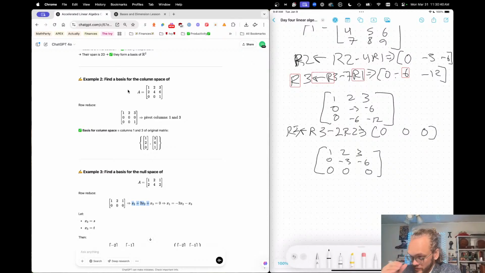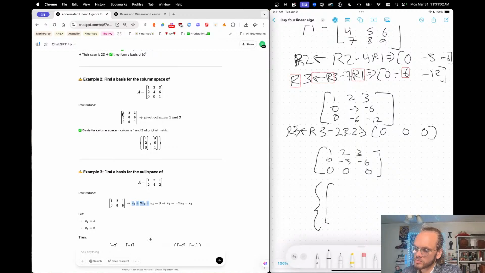So with this, we need to find now the pivot columns. They were 1 and 3 in the initial one. Now the pivot columns are 1 and 2. So the basis for the column space, let's see if this is right.